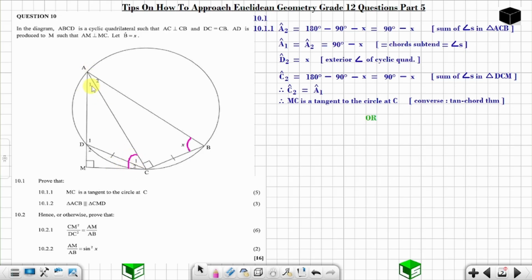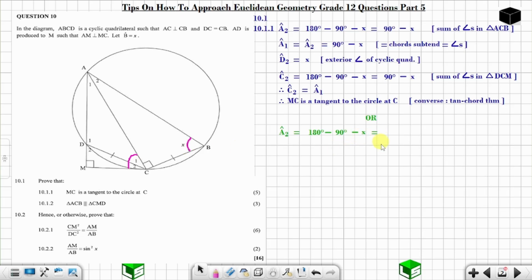So to find A1, we can use this triangle first to find angle A2, because angle A2 is equal to angle A1. These two angles are subtended by equal chords. DC is equal to CB. So angle A2 is equal to, using this triangle, you have 180 minus 90 minus x.